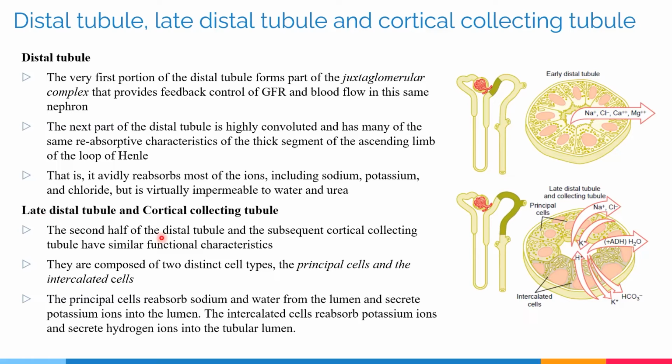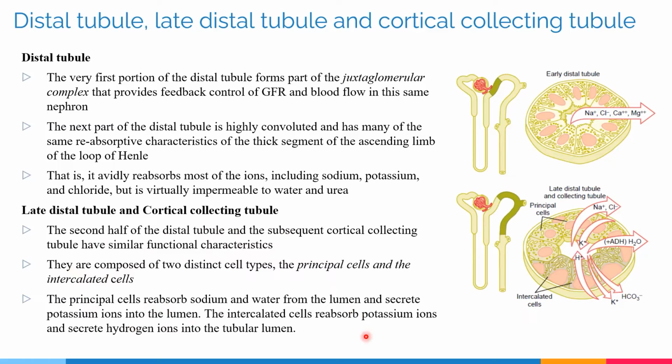Next, we move on to the late distal tubule and the cortical collecting tubule. The second half of the distal tubule and the subsequent cortical collecting tubule have similar functional characteristics. They are composed of two distinct cell types, the principal cells and the intercalated cells. The principal cells reabsorb sodium and water from the lumen and secrete potassium ions into the lumen.